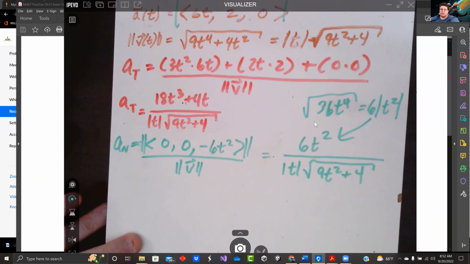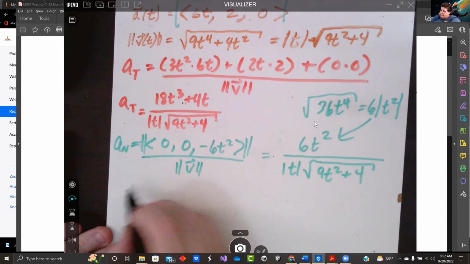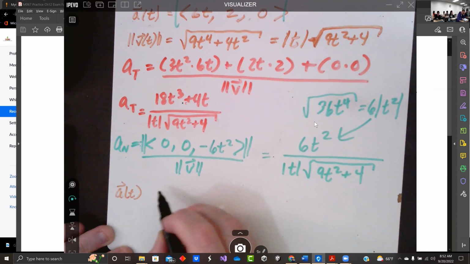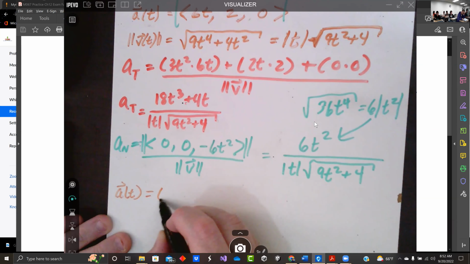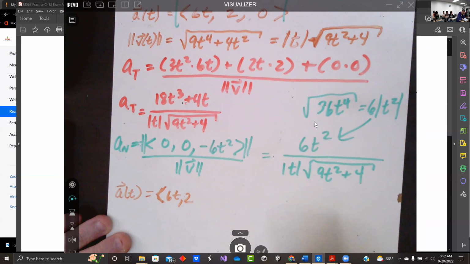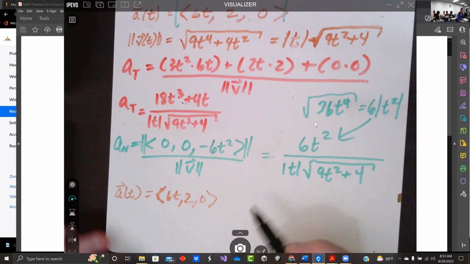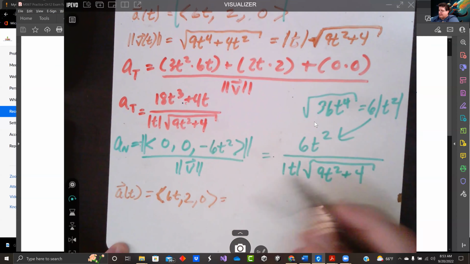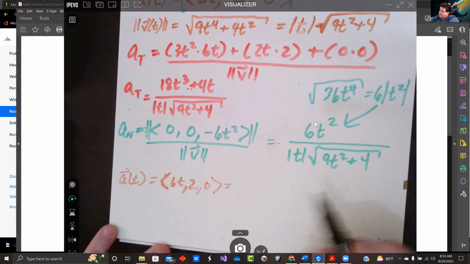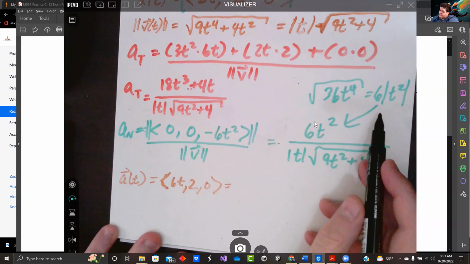Which means my acceleration vector up there, a of t, can be written as a sub t first.